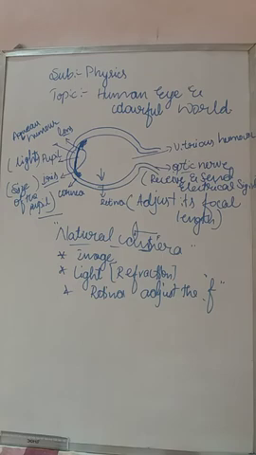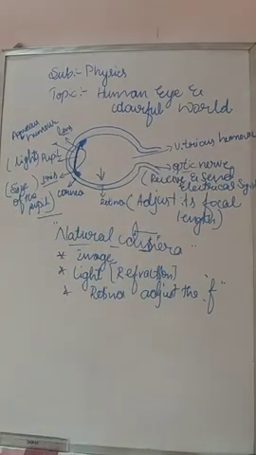Finally the inverted image is formed. Then the electrical signals are sent to the brain through the optic nerve. So then we can see the clear image. Thus the human eye acts as a camera. Okay, hope you understand this. It is the most repeated question. Keep it in your mind.